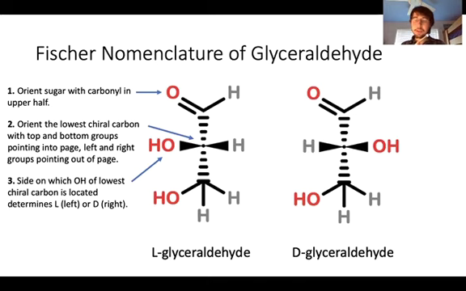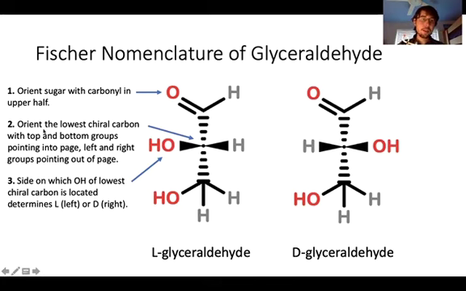The way to determine if a particular carbon atom in a carbohydrate is in the D or the L configuration is, first, the sugar has a carbonyl group, either an aldehyde or a ketone group. You point that upwards.